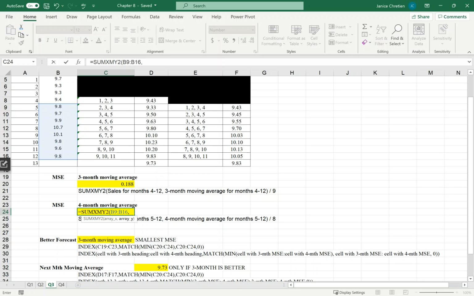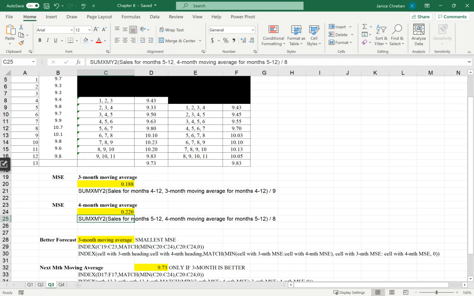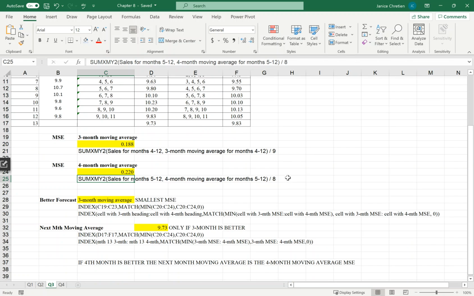Oh. So 5 through 12. And then I divide that one by 8 months. So there are my MSEs that it's asking me for.